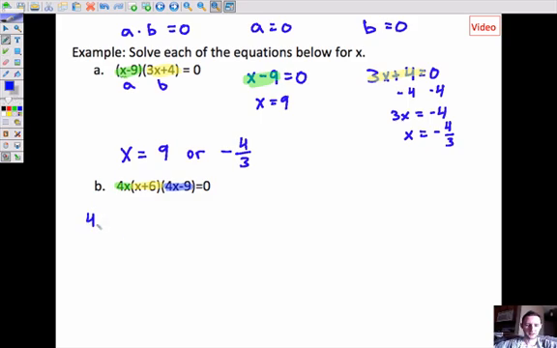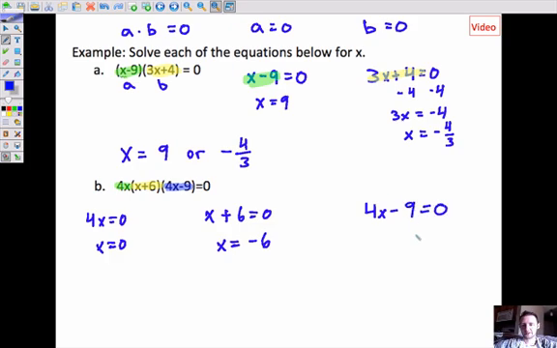Part 1 is pretty easy. 4x equals 0, so x equals 0. Part 2, x plus 6 equals 0, so x equals negative 6. Remember, again, I'm looking for what x value is going to make this left side equal 0. Part 3, 4x minus 9 equals 0.